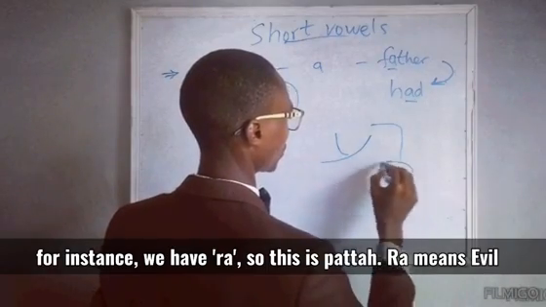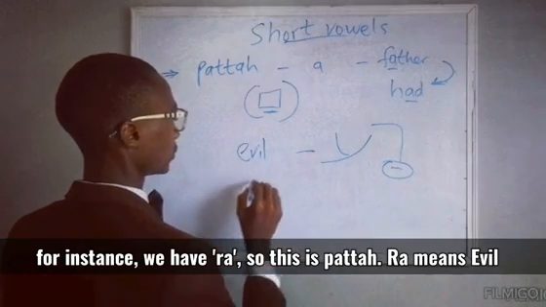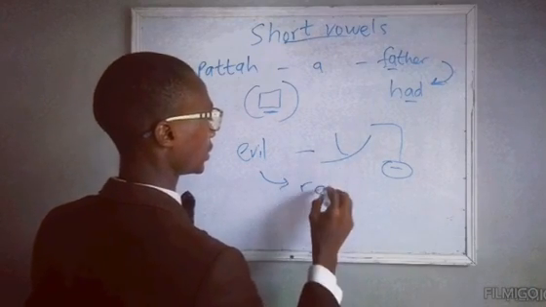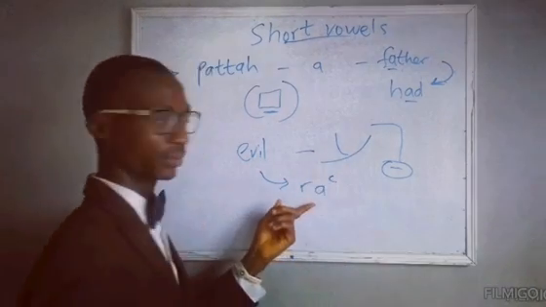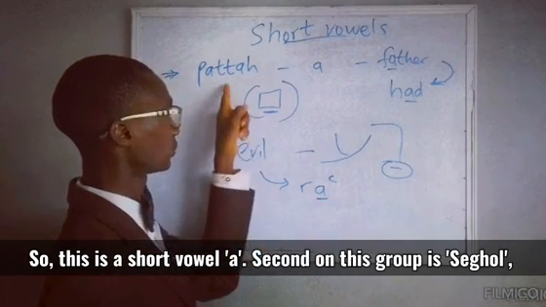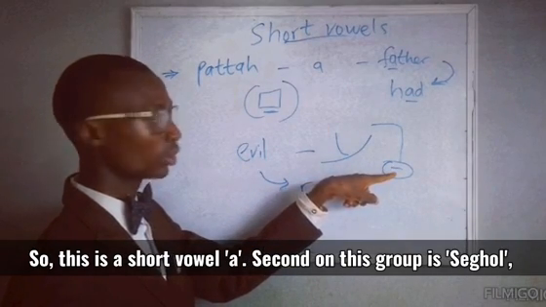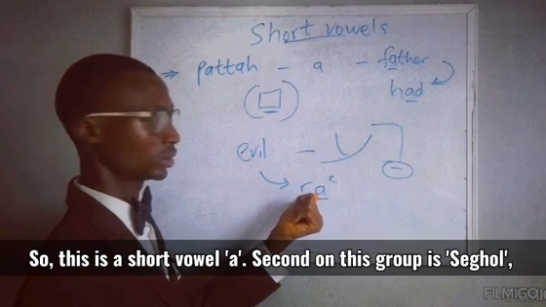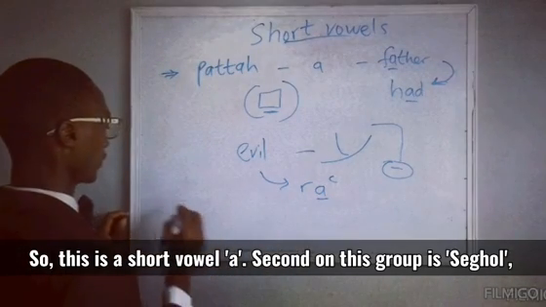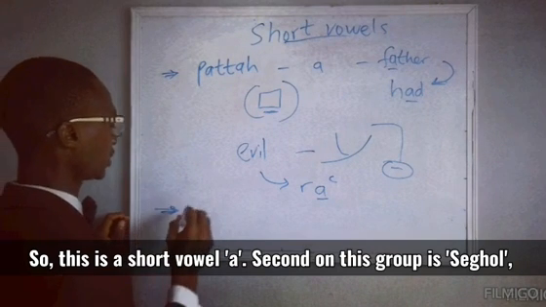So this is patash. Ra means evil, and it's written as Resh, Patah, and Ain. This is the short vowel, this is the biblical Hebrew symbol, and this is the transliteration in English.